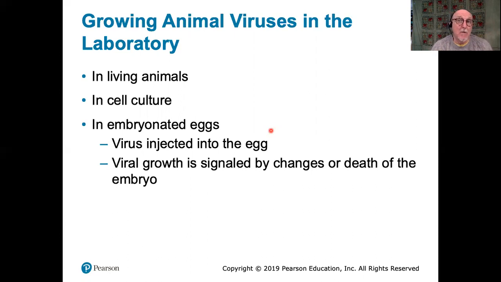That's a common way of doing research on viruses. But one of the most useful techniques is to grow viruses in growing hens' or ducks' eggs. For some reason or another, duck eggs and hens' eggs are very tolerant of many different viruses up to a certain stage.